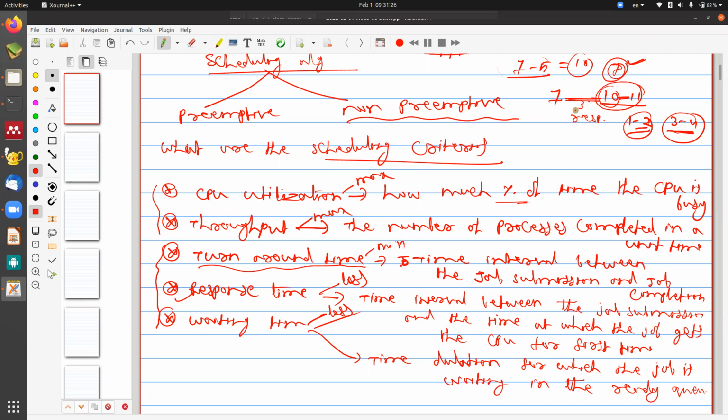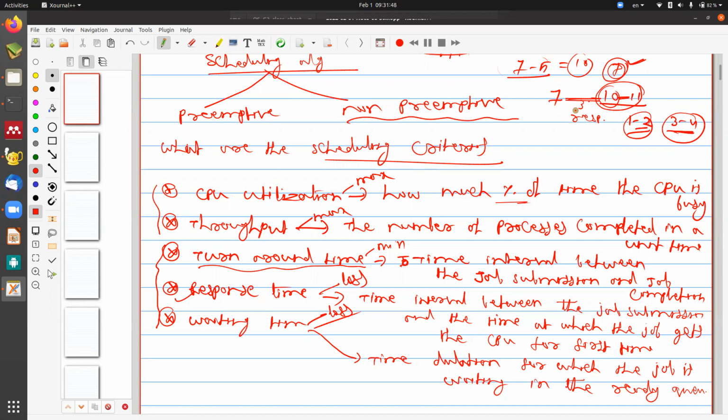Anybody has a doubt in this? This is very, very necessary for the next topic. Immediately next topic. Is it clear for everybody? What is turnaround time, response time, and waiting time? Turnaround time bolta hai ki when I submitted, when I completed, during that duration. Response time is telling when I submitted, but when I first time get a chance to be executed by the CPU.